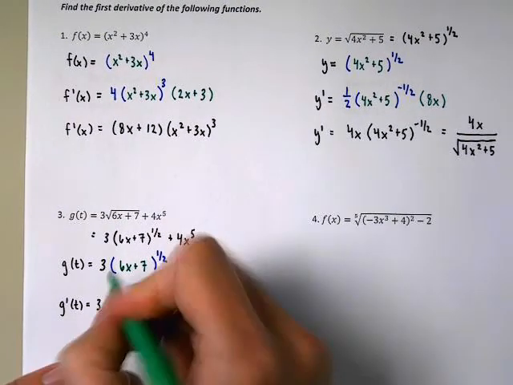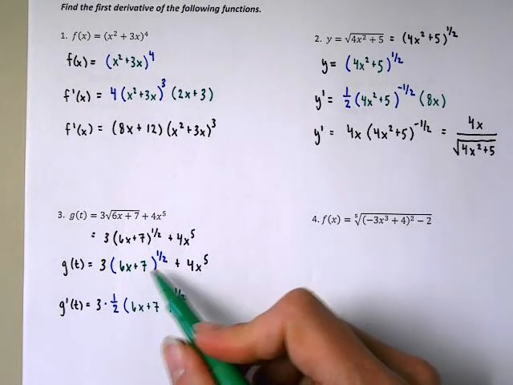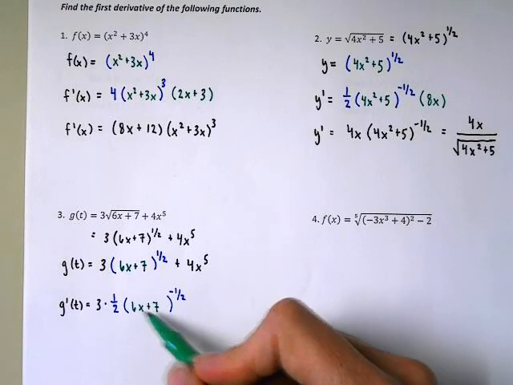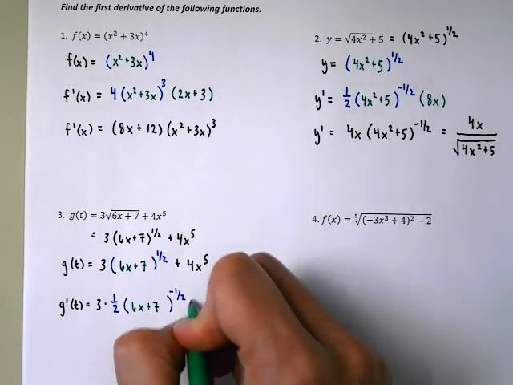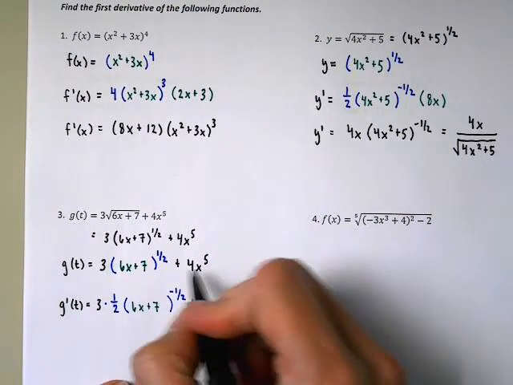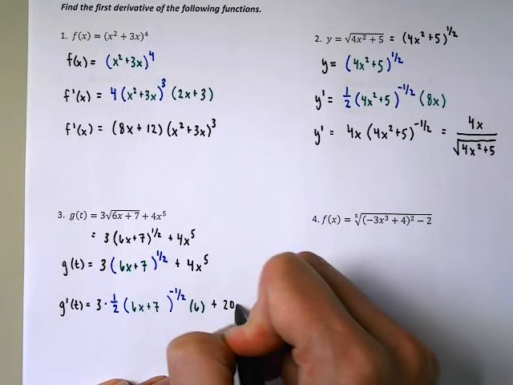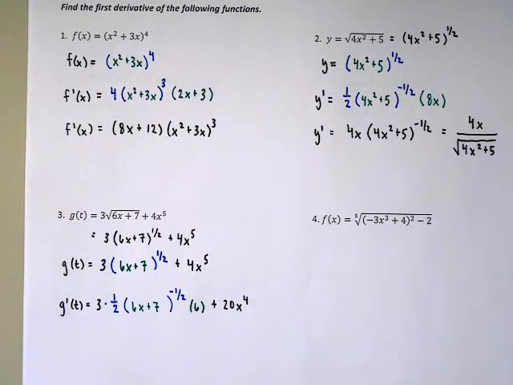And again, all this stayed the same for right now. Now, before I move on to my next term, I need to take the derivative of the inside. In this case, that derivative of this whole expression is just going to be 6. And now I can just add the derivative of my second term, which is going to give me 20x to the 4th power.